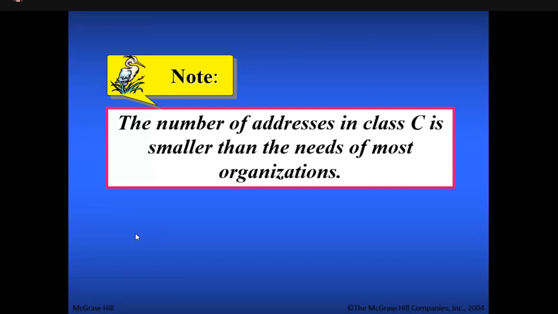For class A, most of the addresses are wasted. For class B, many of the addresses are wasted. For class C, the addresses are smaller than the needs of most organizations, so many times class C is not able to fulfill the address needs of the organization.